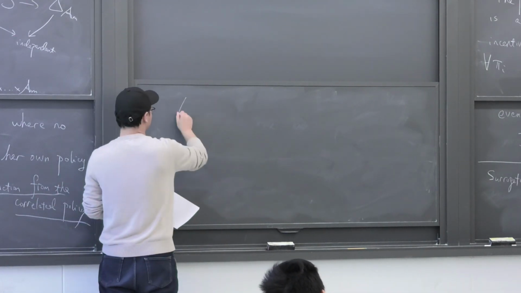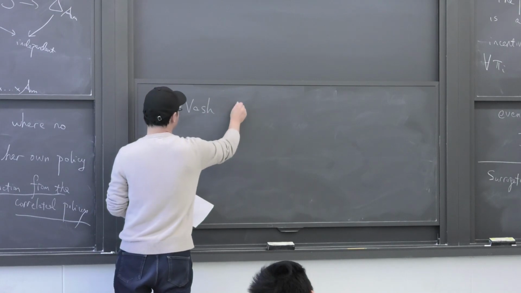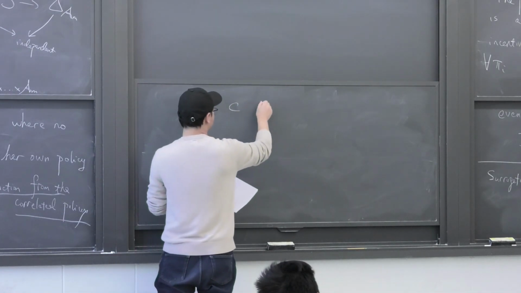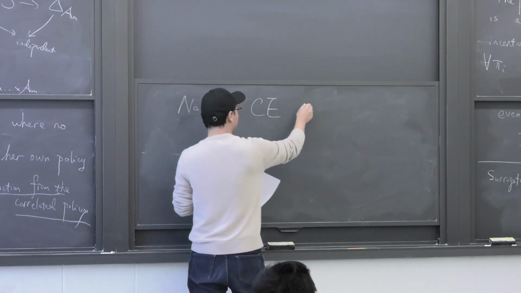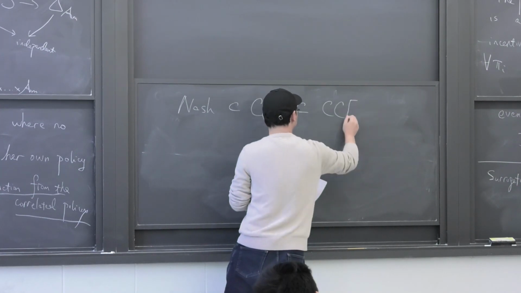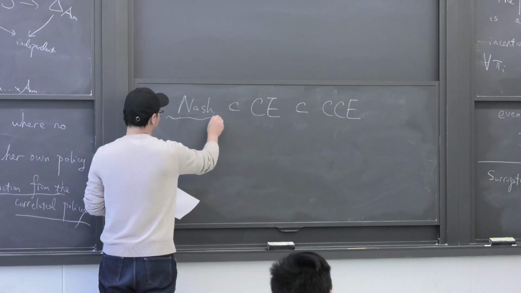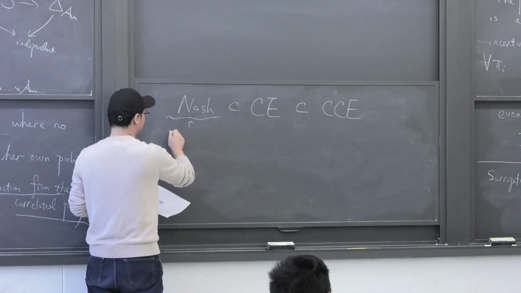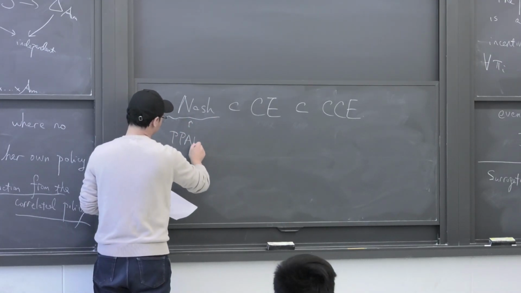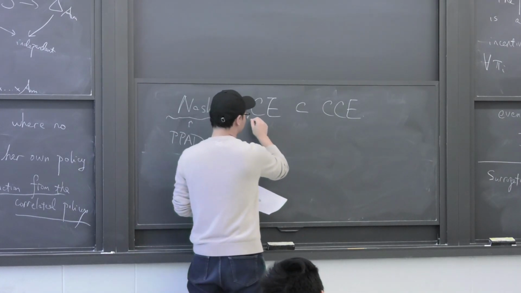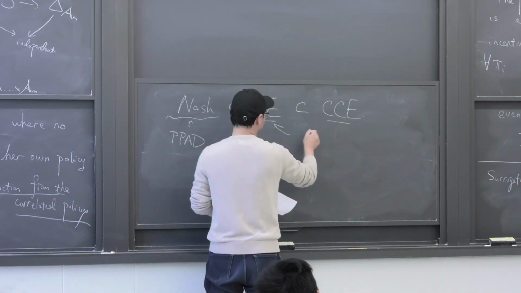It turns out for those three, Nash is the smallest set, and Nash is guaranteed to be a CE, and a CE is guaranteed to be a CCE. Interestingly, the smallest set is PPAD-hard, while everything else is in P, in the polynomial class.